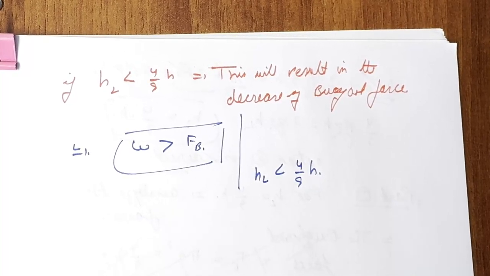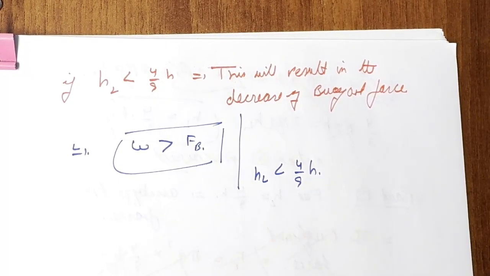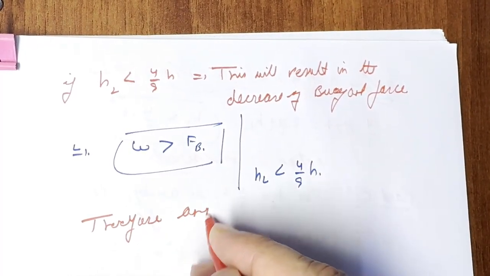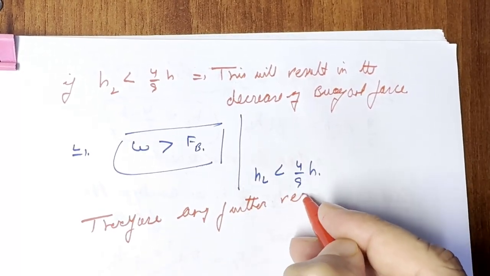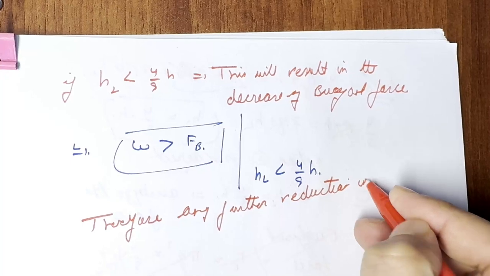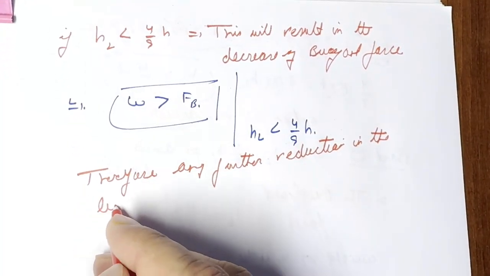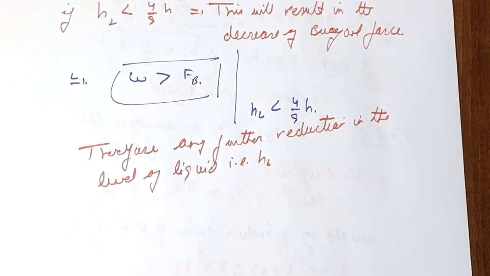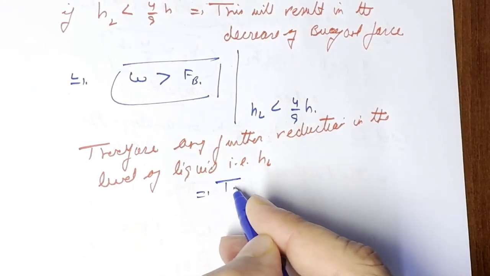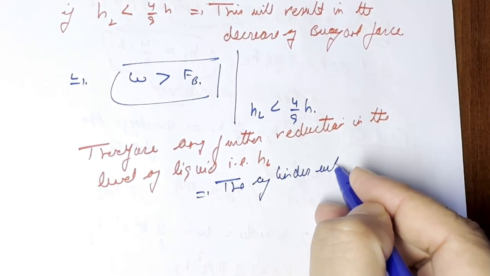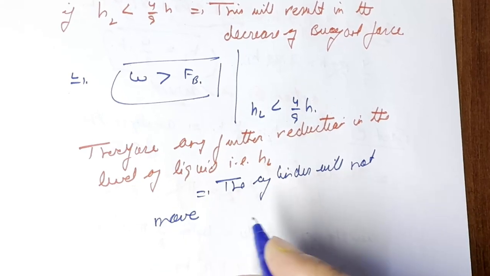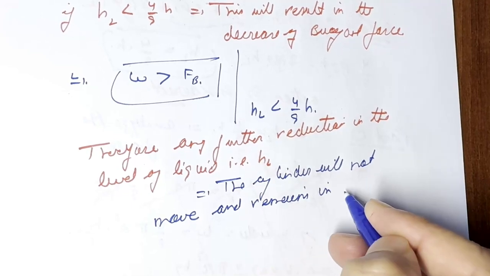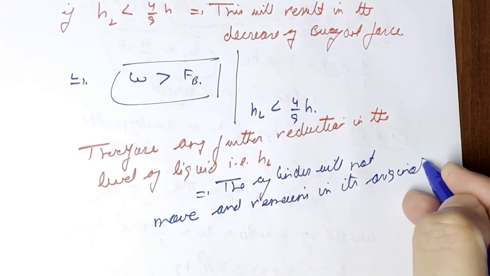Therefore, any further reduction in the height of water, that is H2, the level of liquid, that is S2, the cylinder will not move and will remain in its original position.